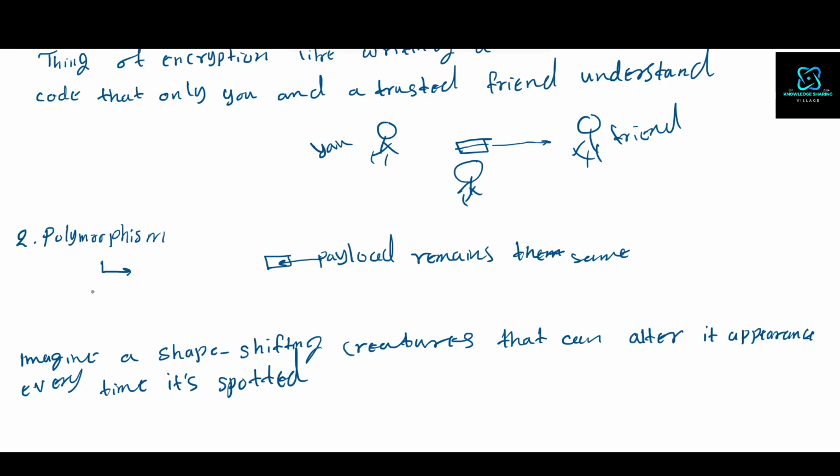Each time it is executed or infects a new device, the payload itself is not changing, but the vector and the code around it do. We have talked about the components of malware, which were payload, vectors, and command and control.